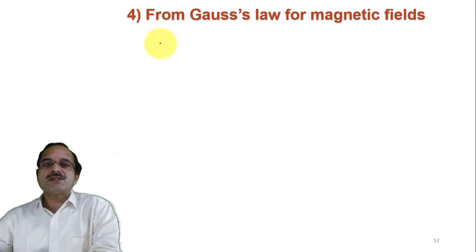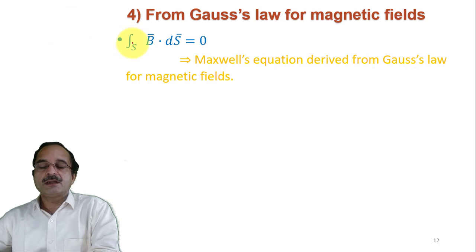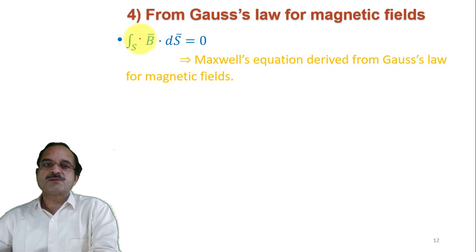Now the last equation is derived from Gauss law for magnetic fields. We have seen earlier that a single pole cannot exist in case of magnetic fields, which we saw in the Maxwell equations for static fields. So that is surface integral B dot ds is equal to 0.